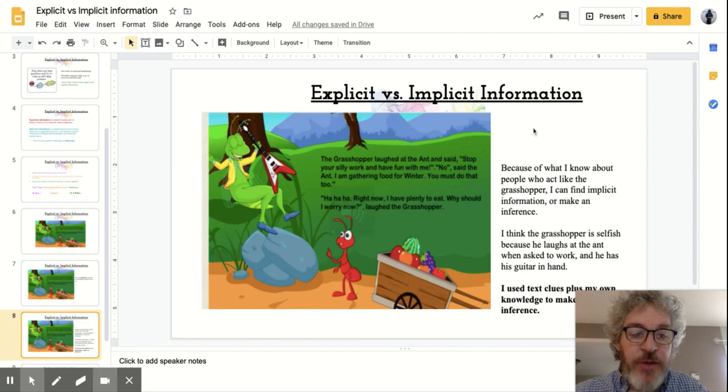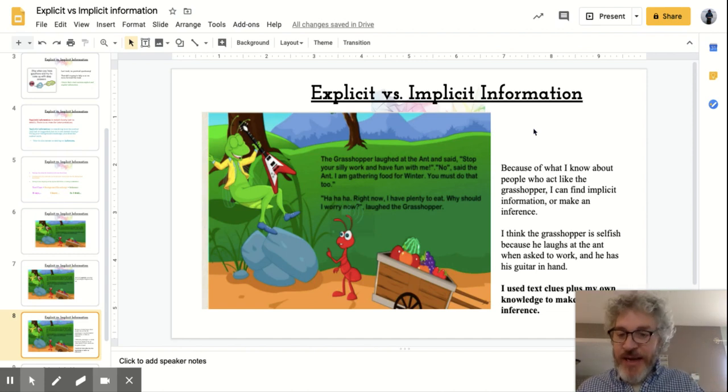Now we're going to go a little bit further and look at the implicit information. Because of what I know about people who act like the grasshopper, I can find implicit information or make an inference. I can say, I think the grasshopper is selfish because he laughs at the ant when he's asked to work. And he has a guitar in his hand as he's sitting there watching the ant work, meaning he is enjoying some music and just relaxing.